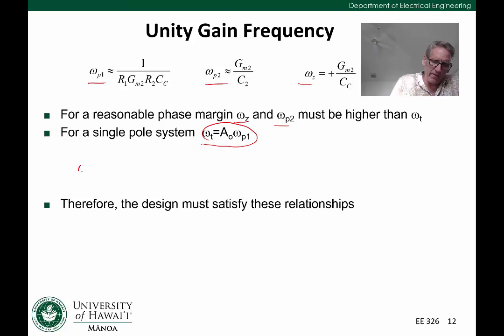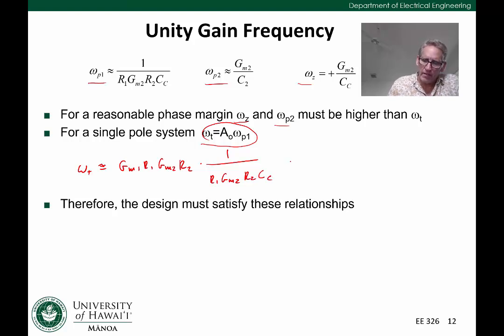And so we could write then that omega t is approximately equal to GM1 R1 GM2 R2, that's A0, times omega p1, which is 1 over R1 GM2 R2 CC, and that's equal to GM1 over CC.